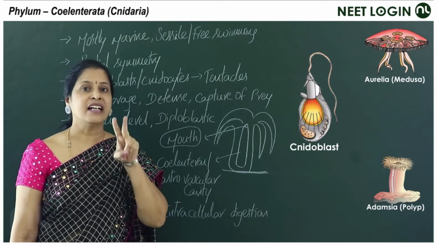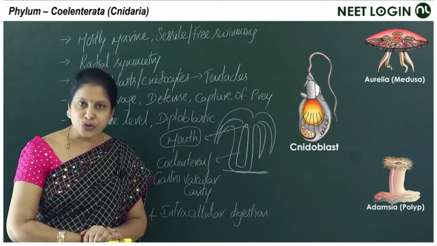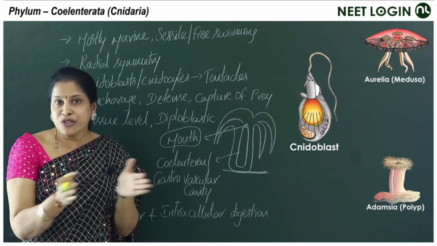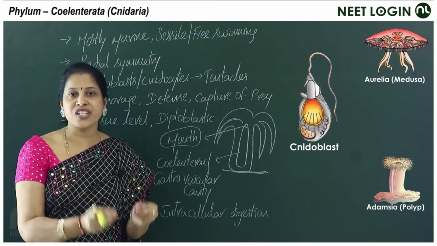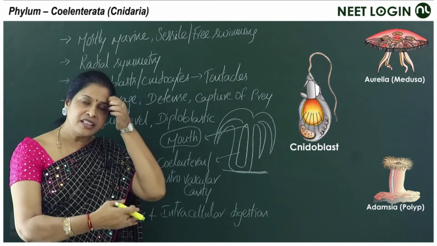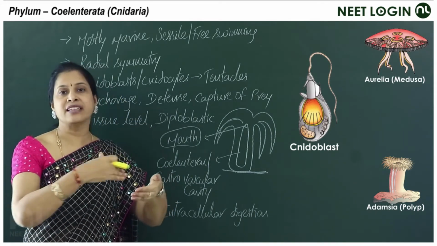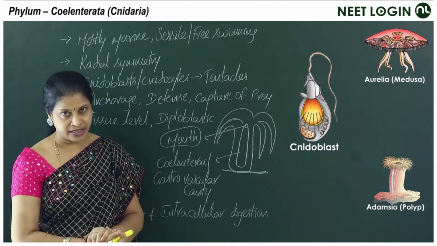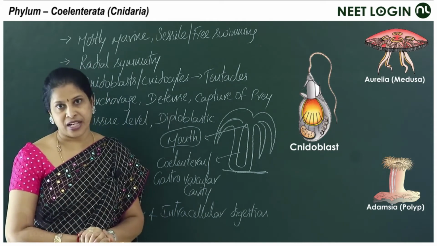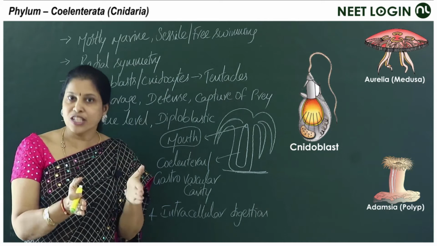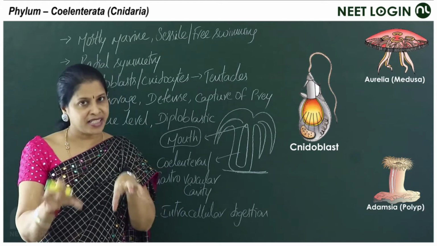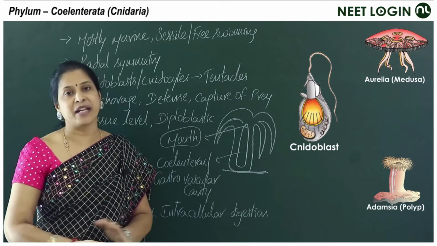Their body is made up of two germinal layers, the outer ectoderm and the inner endoderm, and in between these two layers there is an undifferentiated layer, what we discussed as mesoglea. Though it is not mentioned here, you should take those points mentioned earlier. So they are diploblastic organisms with tissue level of organization, and as tissues are seen for the first time in these animals, these are the true metazoans.